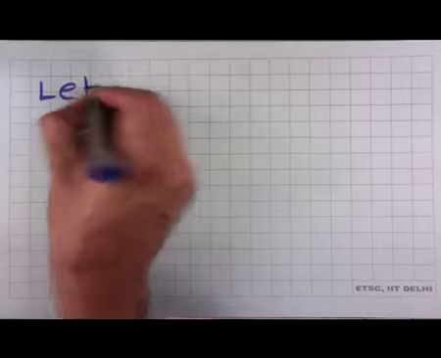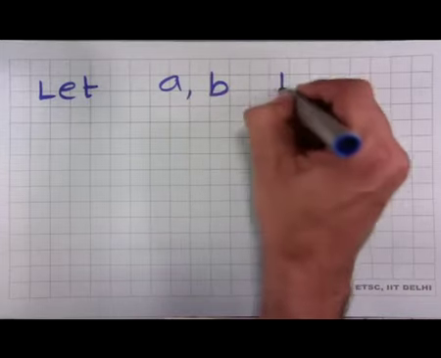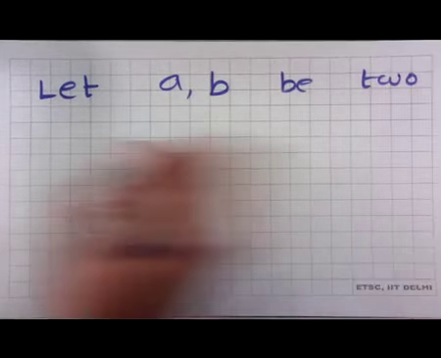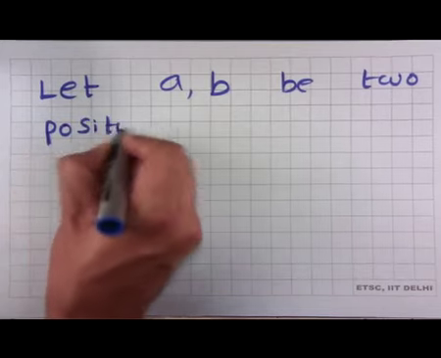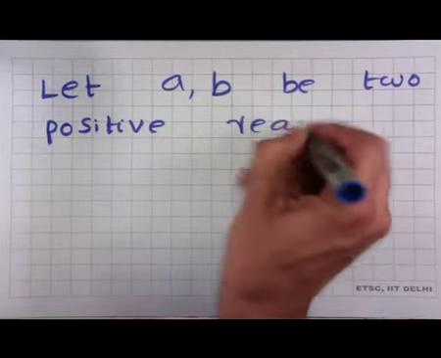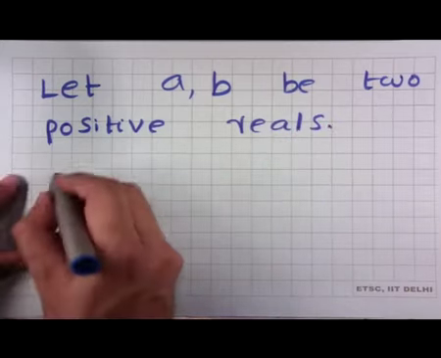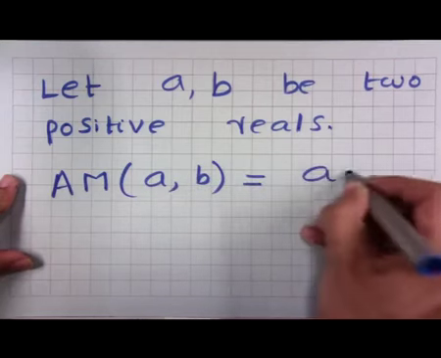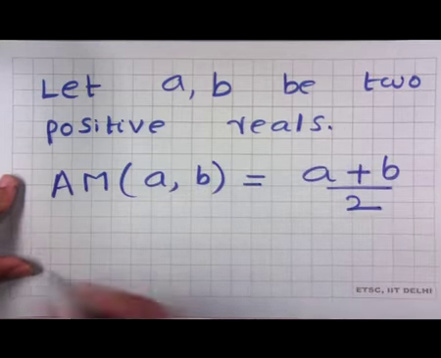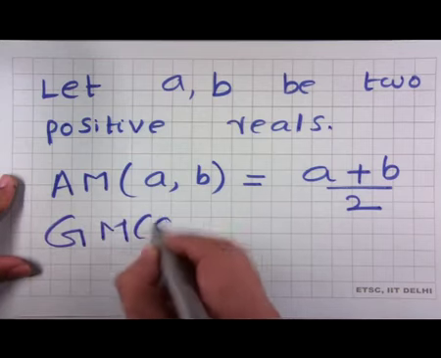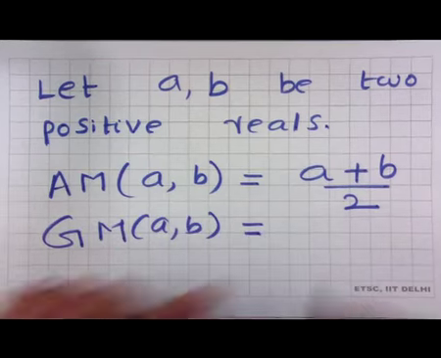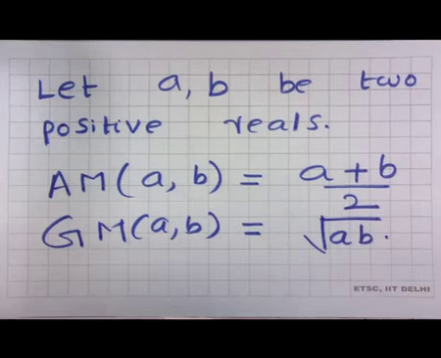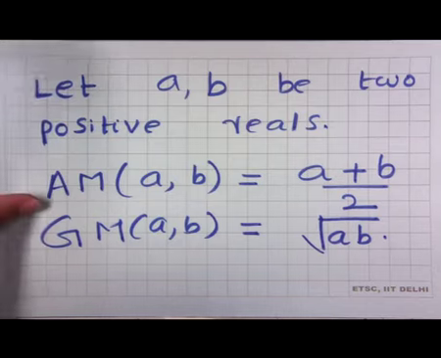Let A and B be two positive real numbers. Then AM, the arithmetic mean, is (A plus B) by 2, and GM is root AB. We shall ask the question whether AM is always greater than or equal to GM.